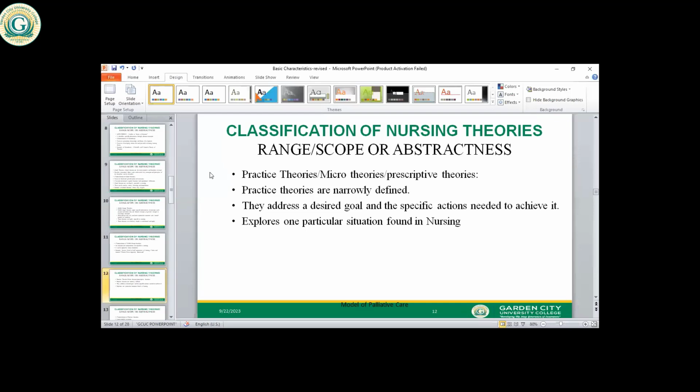Okay, so to address that, let me ask you this. What is Virginia Henderson's theory about? He spoke of the peaceful care that you give, how you care for a patient to either die peacefully or to get well.